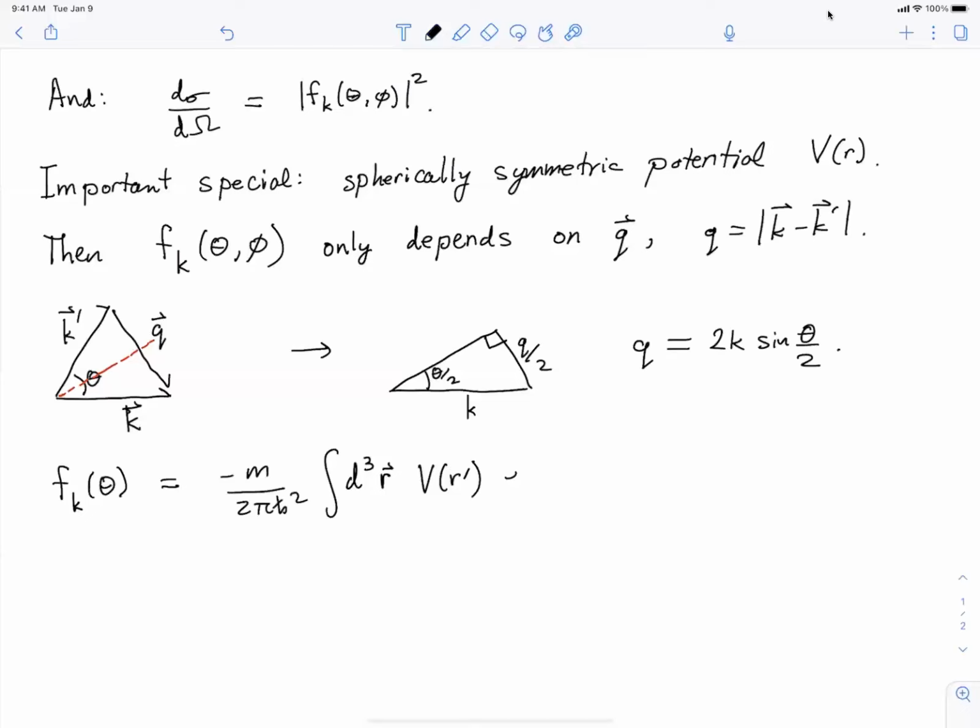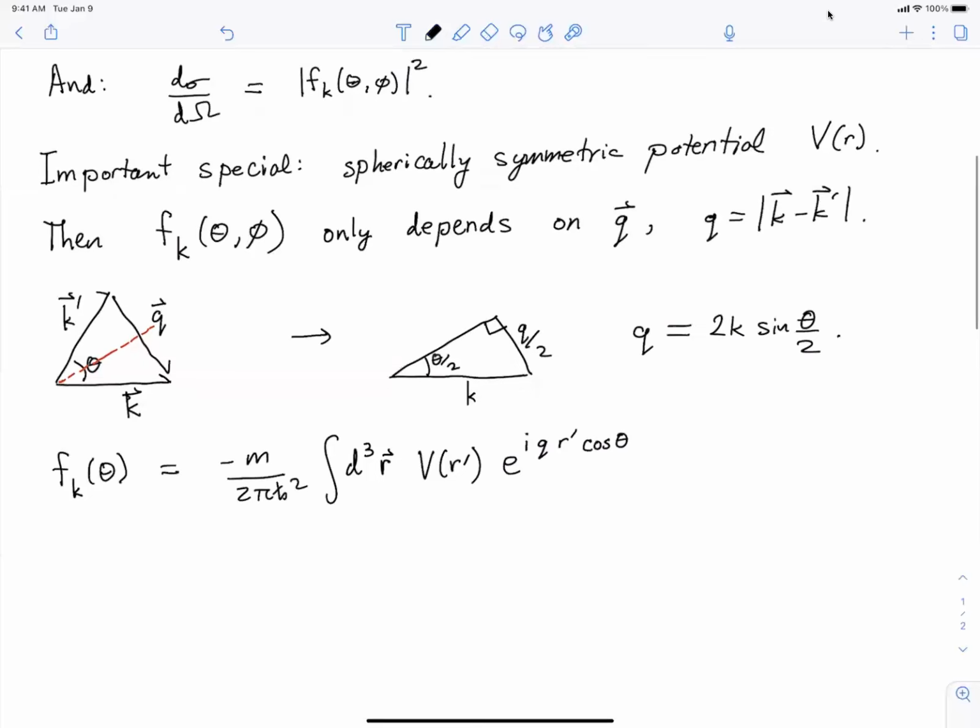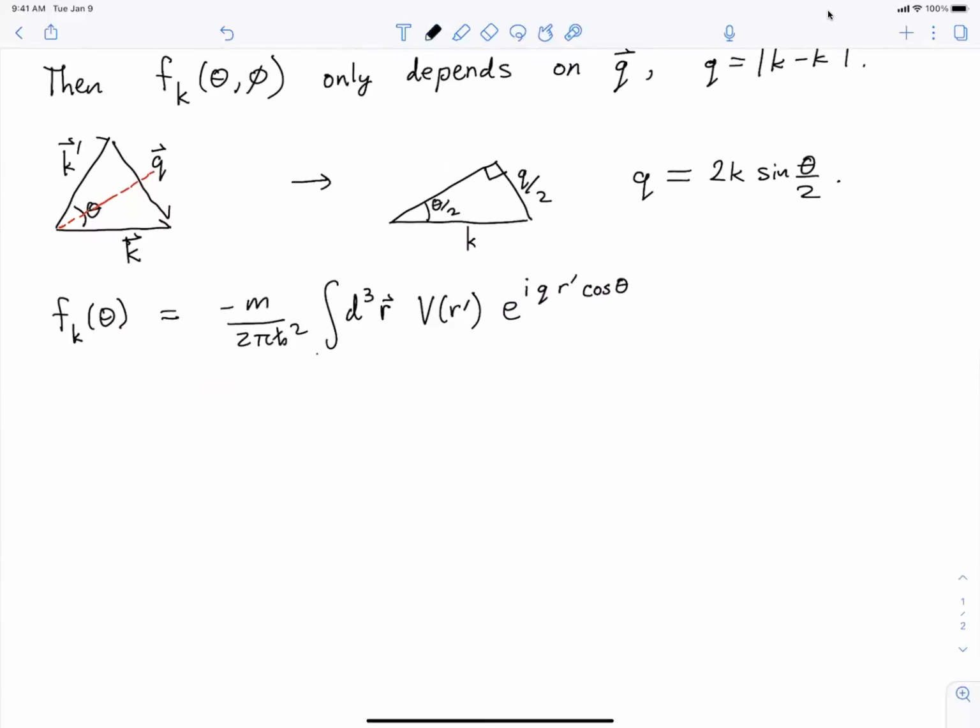And then we have the exponential factor, which looks like this, e to the i q r prime. And then there's a dot product. The dot product is telling us that it's the magnitude of the vectors multiplied by the cosine of the angle between them. Okay, so that's the integral we're supposed to do. And now we can write this in spherical coordinates. This is the integral from 0 to infinity dr r squared. I guess I was putting a prime on here. It doesn't actually matter whether we call it primed or not.